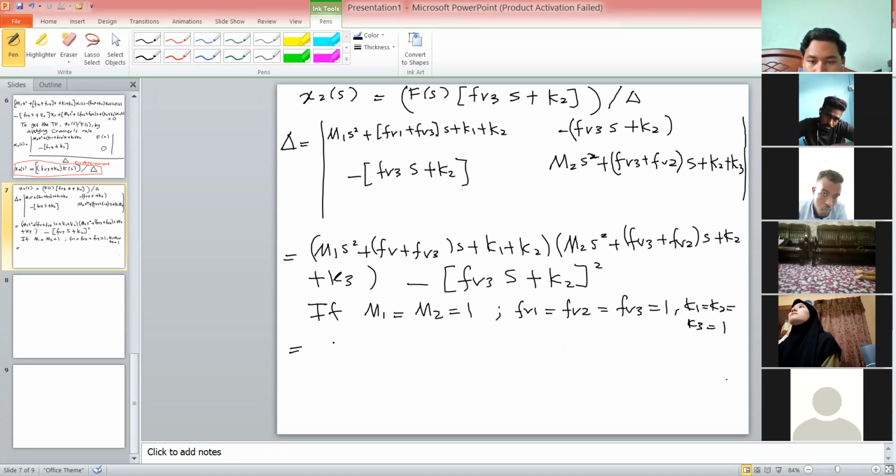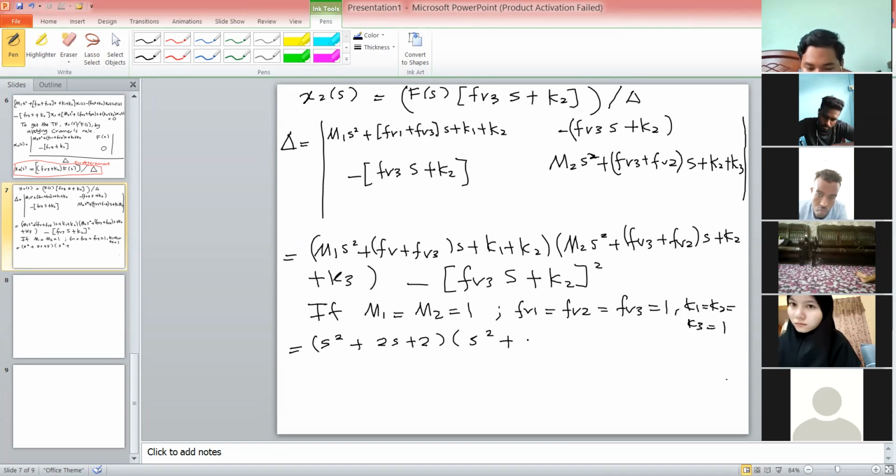So it becomes S square plus 2S plus 2, times S square plus 2S plus 2, minus S plus 1 square.